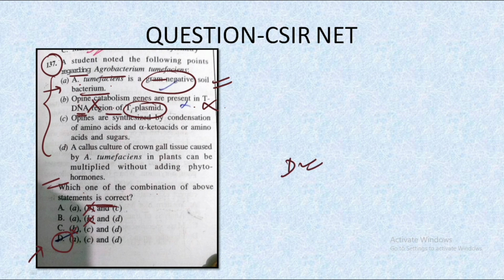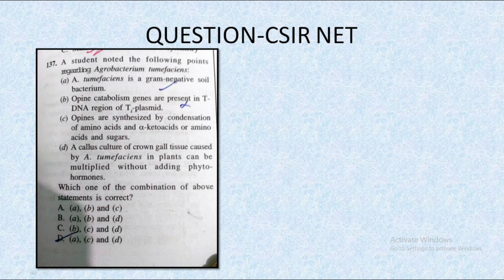Let us quickly read the other 2 points as well. Statement C says opines are synthesized by the condensation of the amino acids and the alpha keto acids, or the amino acids and the sugar. This is a correct statement, and also additional information which you can add to your notes. The last point says that a callus culture of crown gall tissues caused by Agrobacterium tumefaciens in the plant can be multiplied without adding any phytohormones.